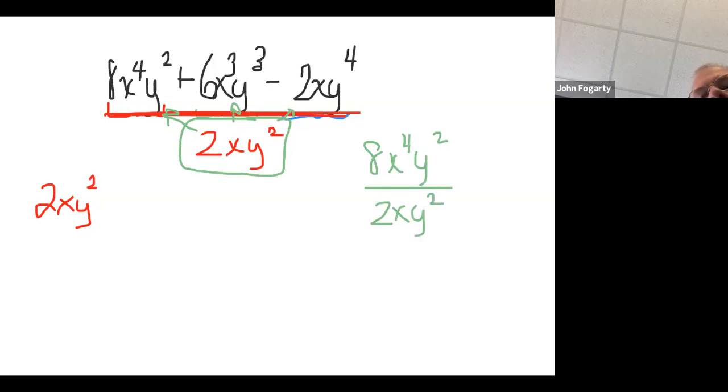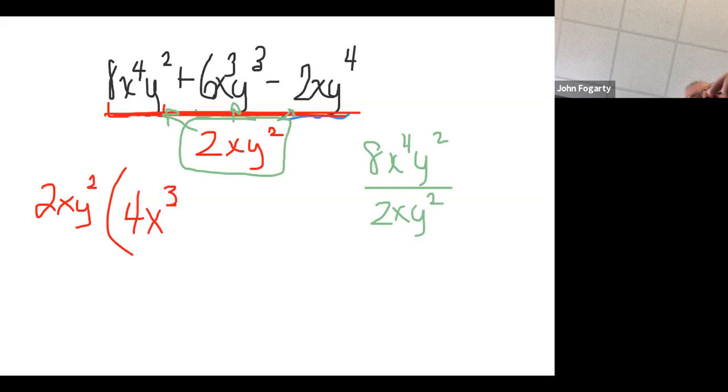So if I do that properly, 2xy squared into 8x to the 4th y squared becomes 4x to the 3rd, and y squared over y squared is 1. Does that make sense?